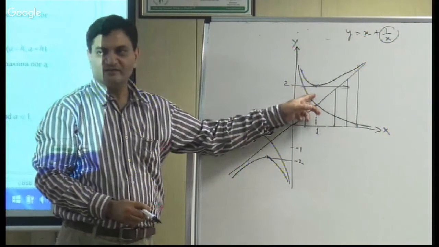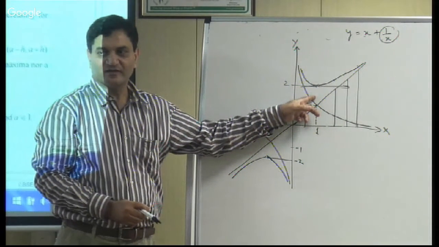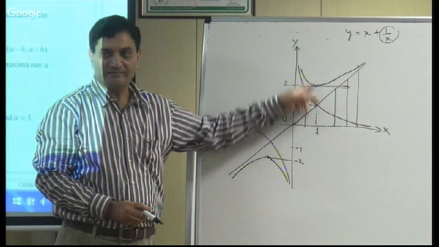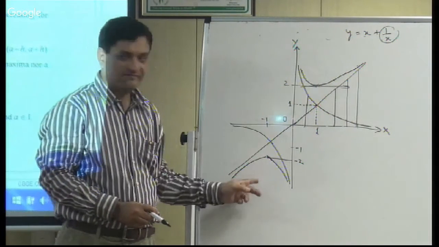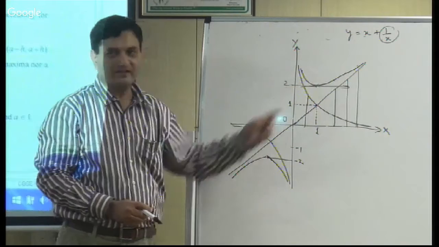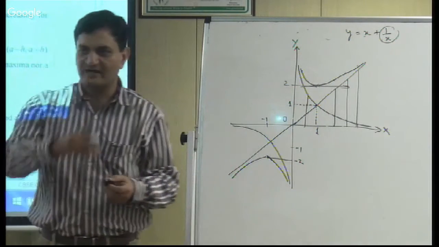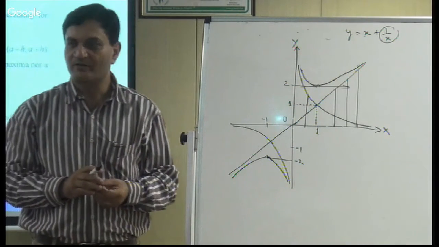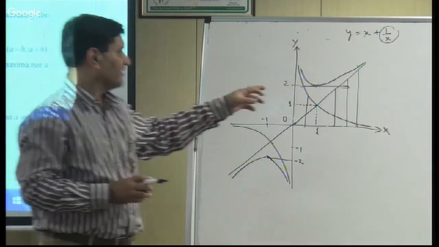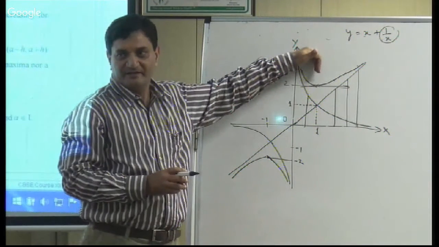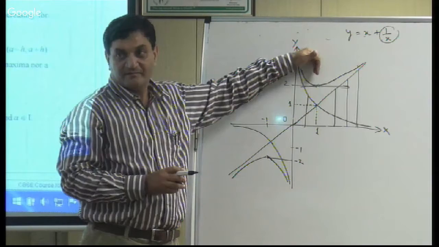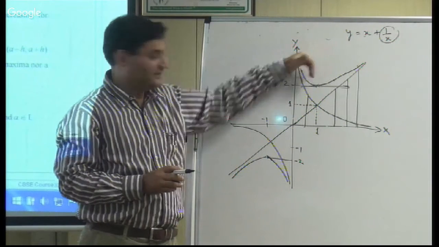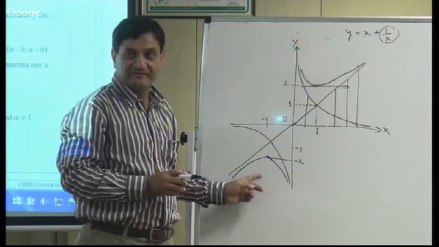These are known as concave up, and this is concave down. You know how to find whether the graph of a function is concave up or concave down? If the graph is concave up, the second derivative will be positive. If it is concave down, the second derivative will be negative.